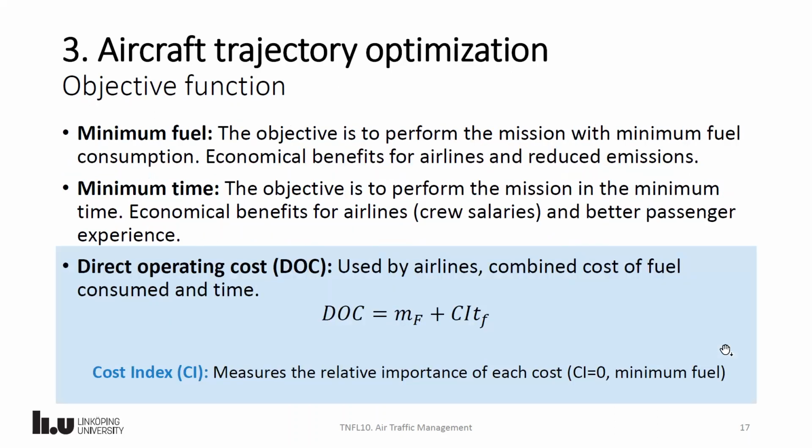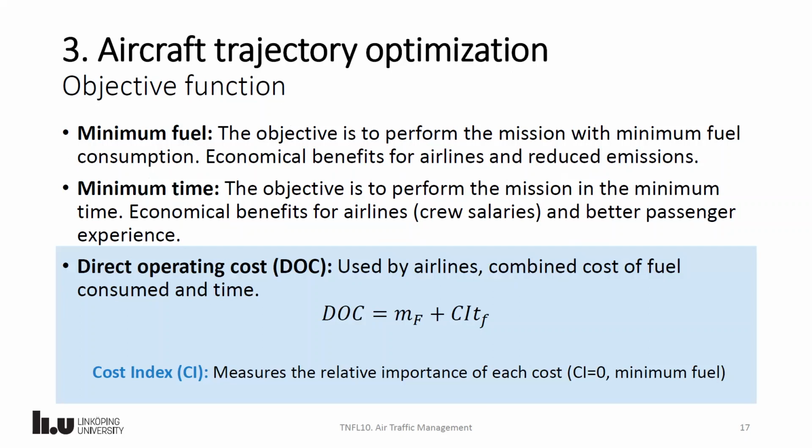So if we look at the objective function, the most popular objective functions to consider, of course, are not the only ones. We saw that we can optimize while taking into account environmental reasons, or maybe you are interested in flying the longest.